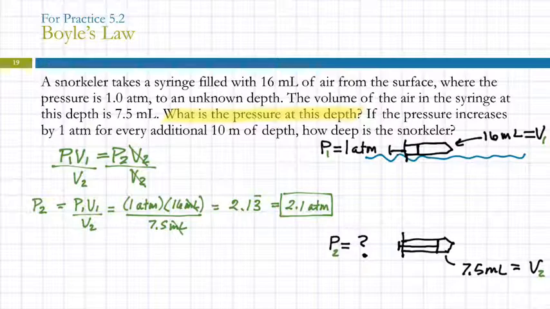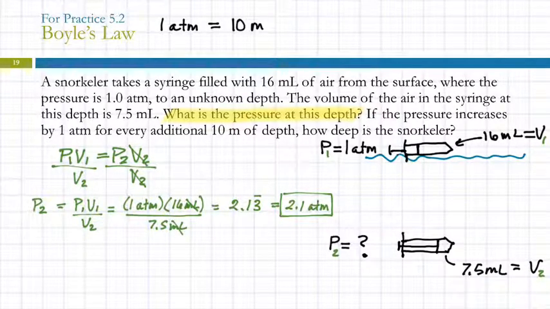The other question involves a little more thinking. It's reminding us that the pressure increases by 1 atmosphere for each 10 meters of depth. How deep is the snorkeler? So 1 atmosphere is equal to 10 meters of depth.